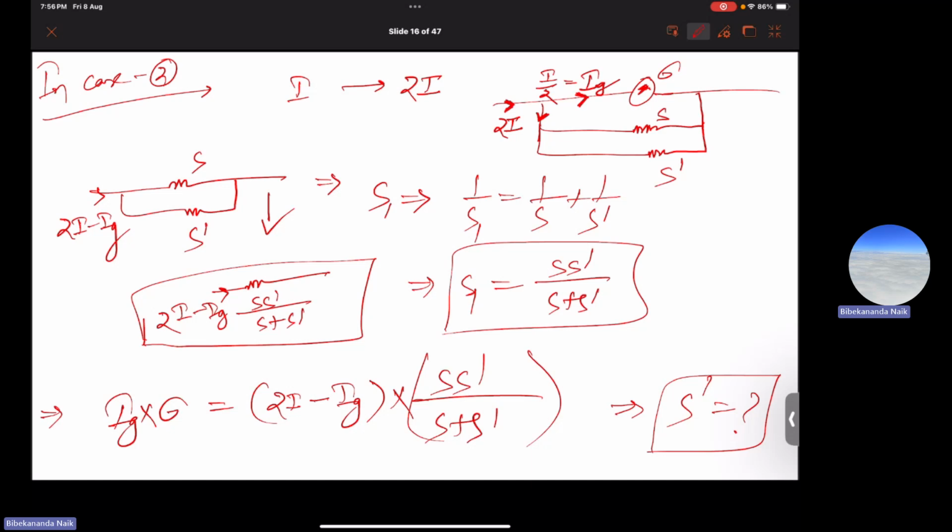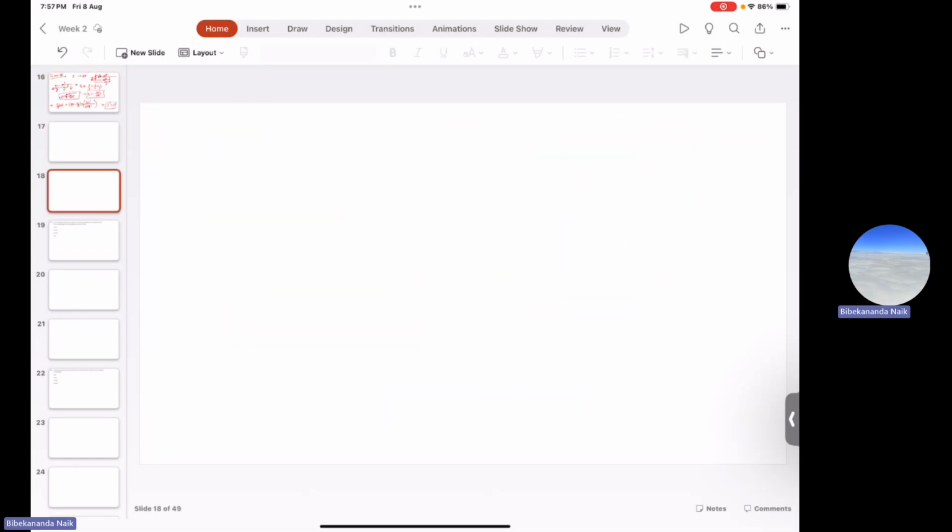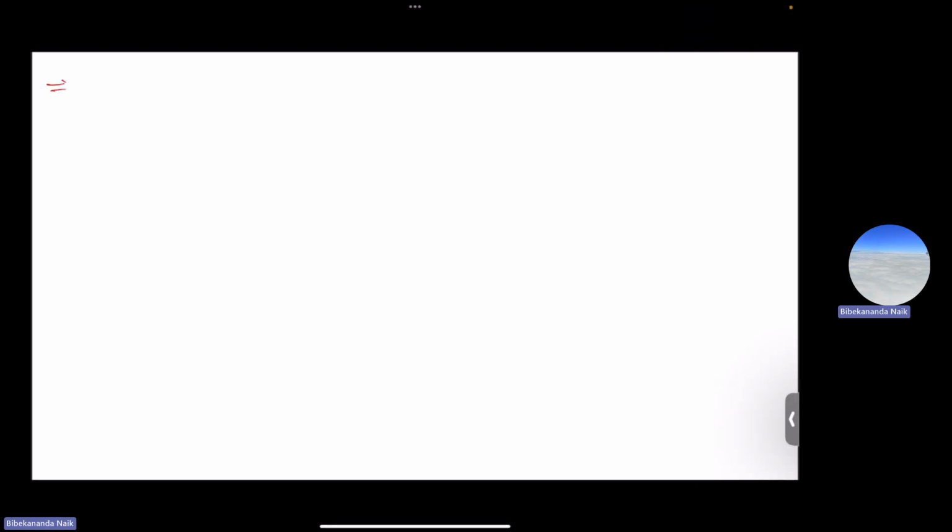So let me add another slide. Now we understand the whole scenario. From this equation, we need to find out the value of S prime. When we solve it, the equation is Ig into G equals 2I minus Ig into S S prime divided by S plus S prime.